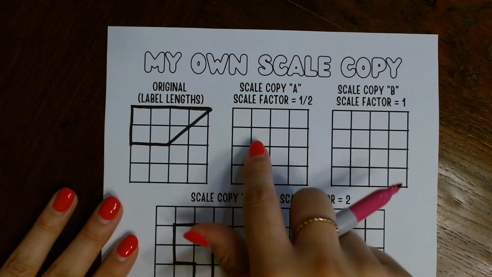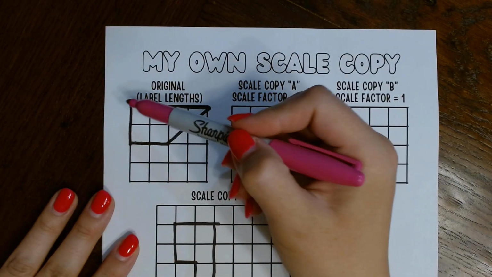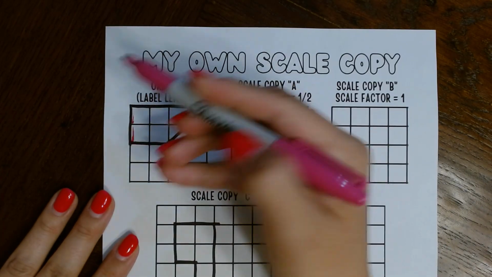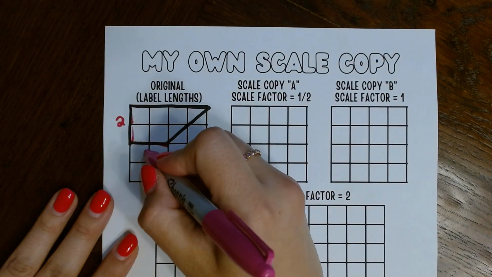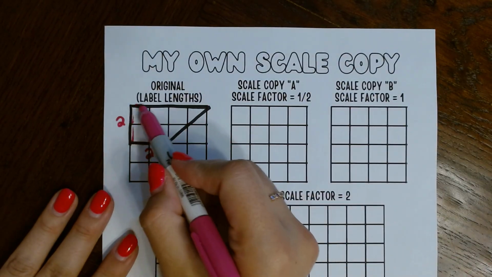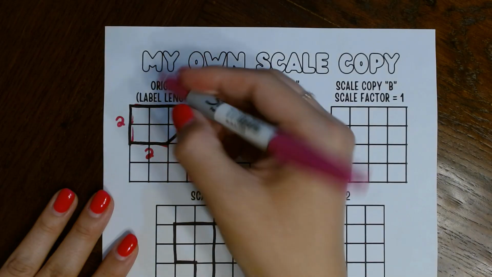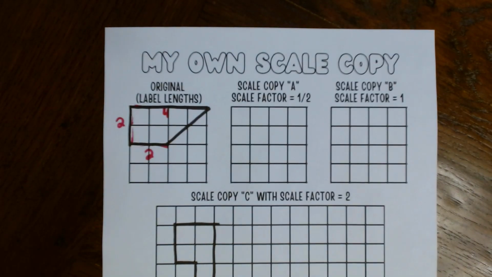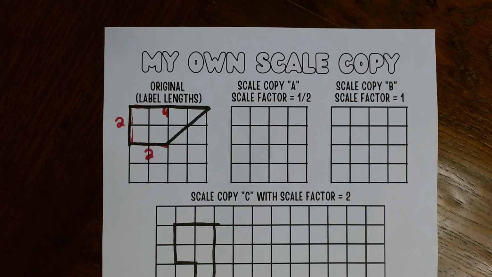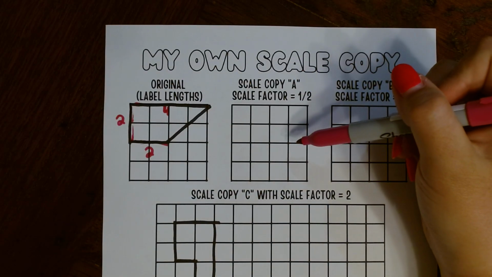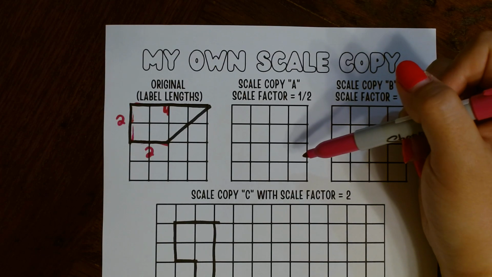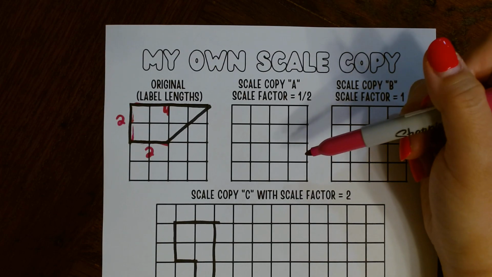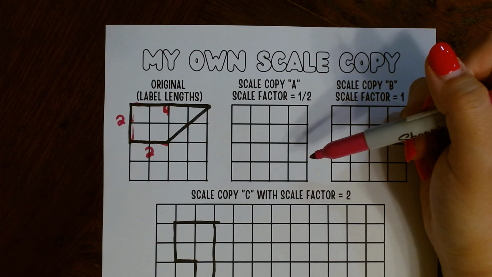So before I can do that, I need to label my sides. So 1, 2, 1, 2, 1, 2, 3, 4. Okay, so I'm going to start with that. And if I am making a new shape with a scale of 1/2, well, like we saw in the warm-up, multiplying by 1/2 is the same as dividing by 2.